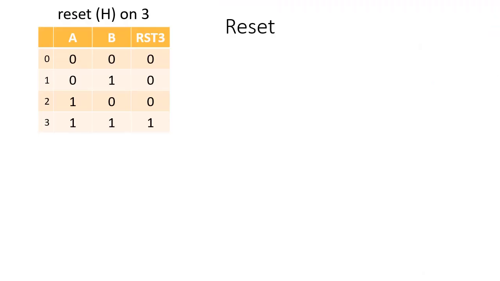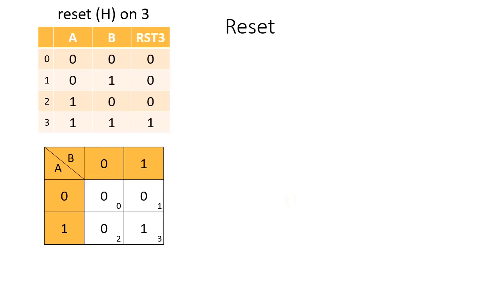To reset counter immediately when 3 arrives, we have to set high level on reset input of counter when 3 arrives. So the truth table looks like that. Here is most significant bit and least significant bit. We can prepare Carnot map, why not? So this function will be described by multiplication of both bits.